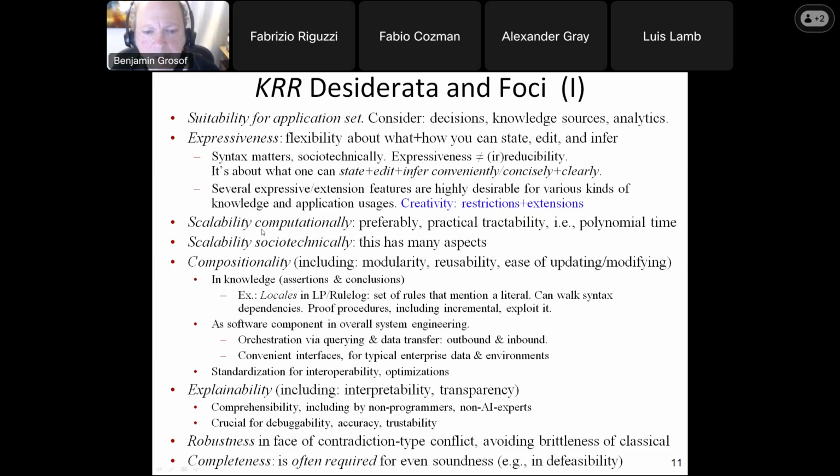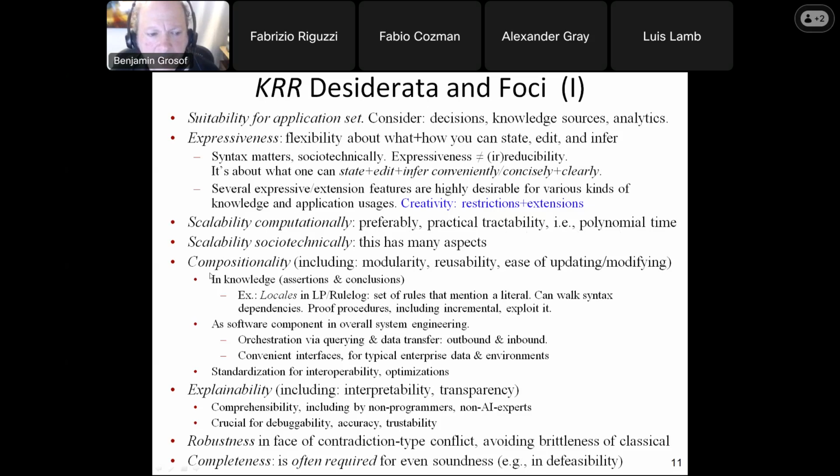So a second important thing is computational scalability, preferably polynomial time practical tractability. Socio-technically, scalability has a number of different aspects. I'm not going to try to define it right here. We don't really have time.